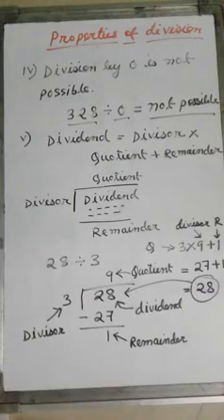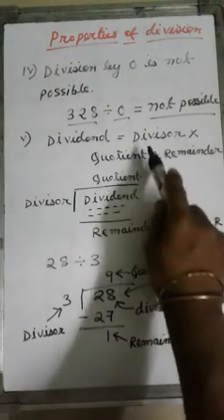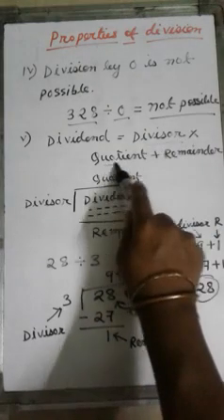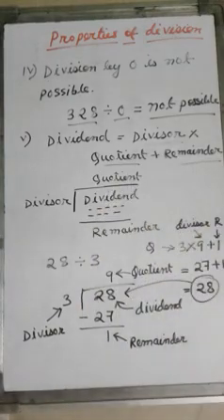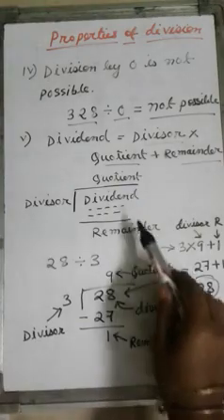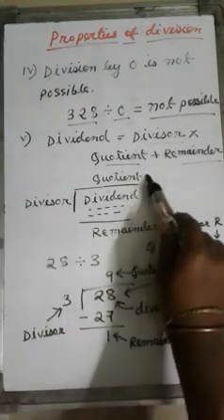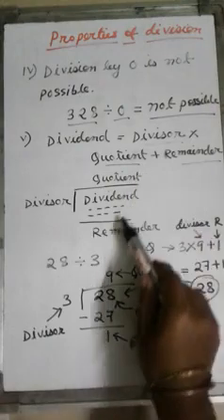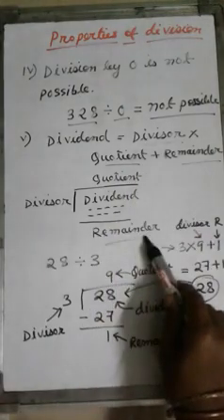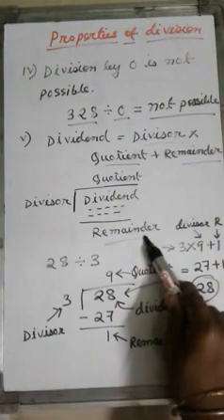Number 5 is the dividend is equal to divisor into quotient plus remainder. In a division sum, this is dividend, this is divisor, this is the result we get, that is quotient, and the remainder we write here.